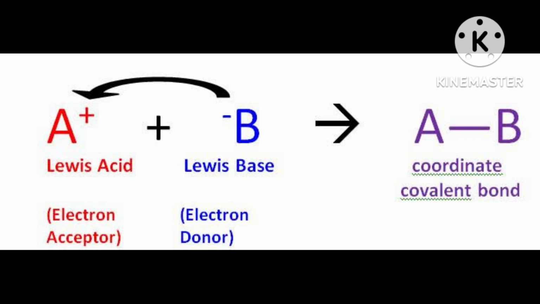The species H2O, HCO3 minus, HSO4 minus, and NH3 can act both as Bronsted-Lowry acids and bases.